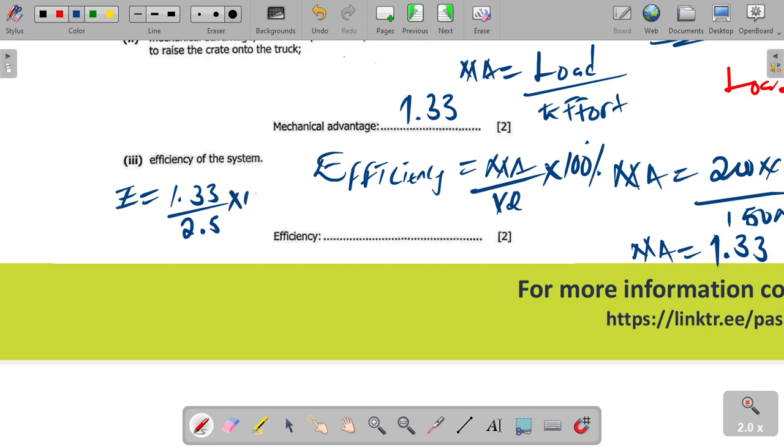Remember here it is times 100%. So 1.33 divided by 2.5, all right, times 100. What do we get? If you punch the calculator, we get 53.2%.